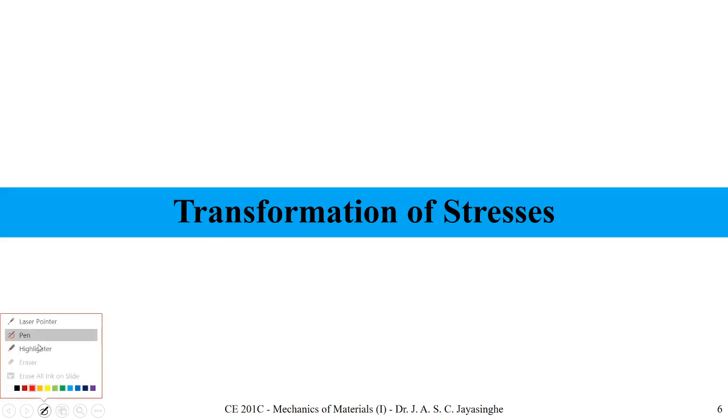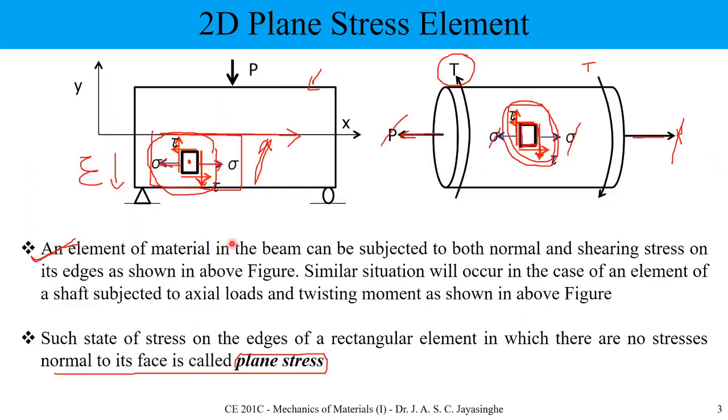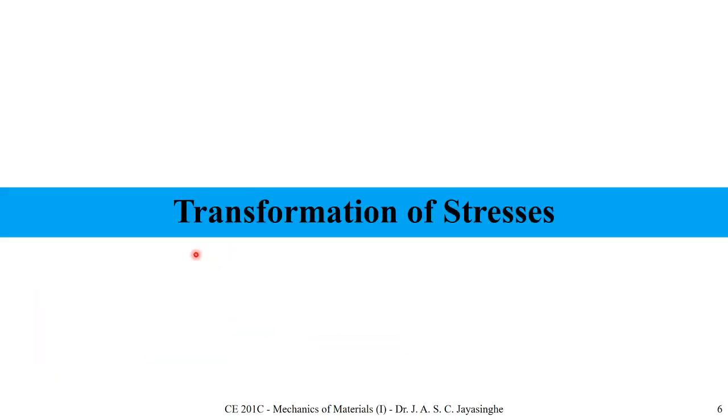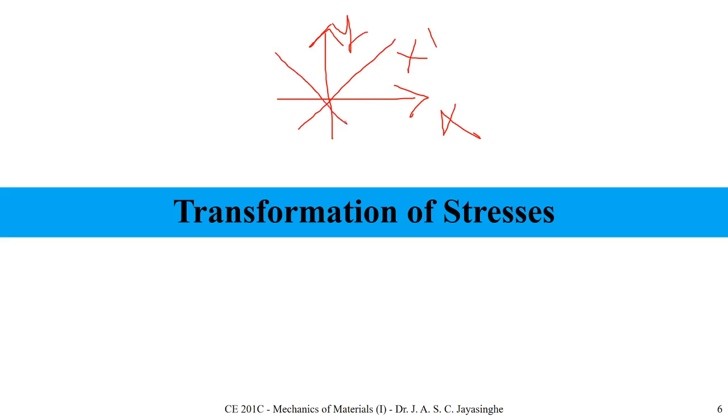Now this is our transformation. I am not going to explain again and again. Transformation means simply going from one axis system, x and y, to another axis system, transferring our stress components.